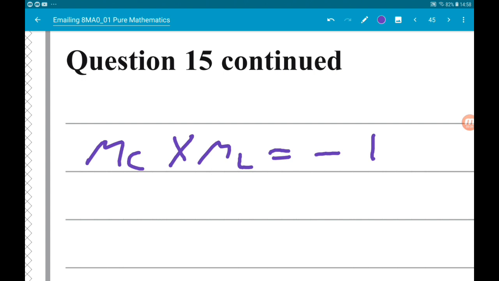So if we can find the gradient of the curve at P, we can get the gradient of the normal, then get the equation of the normal, and then find the value of x that we need.